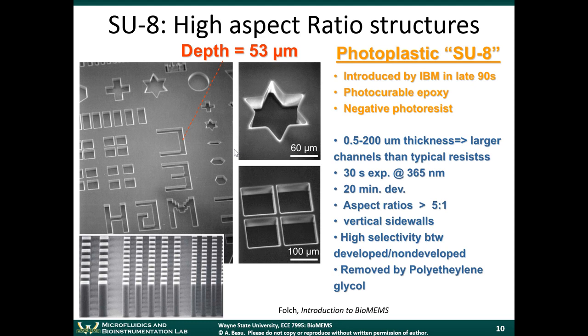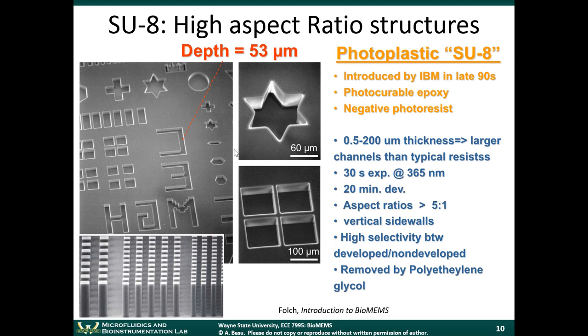The resists made for semiconductor fabrication typically have thicknesses on the order of 2 microns, 3 microns. So it's too thin for making microfluidic channels. You can make channels, but they'll have a very large hydraulic resistance because they're just so narrow. They're very thin and narrow.